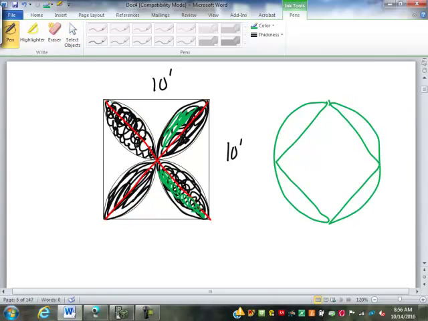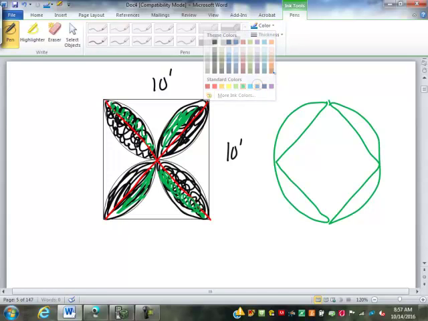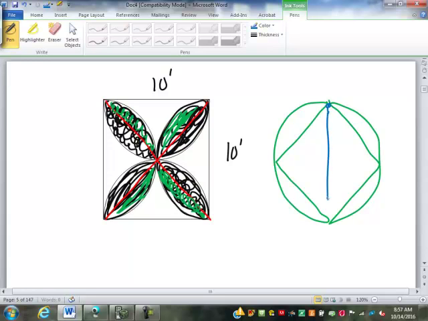Again, what I just took was just this part and this part. I know that the distance from here to here is 10 feet. So the diameter of that circle is 10 feet. So the area of that circle is pi times 5 squared, or 78.5 square feet.